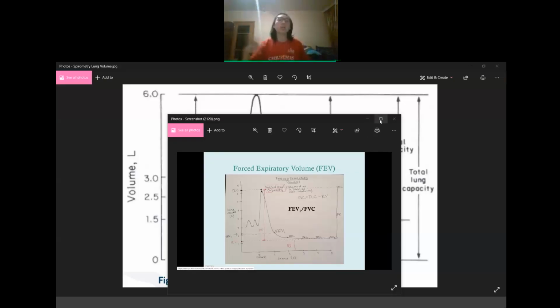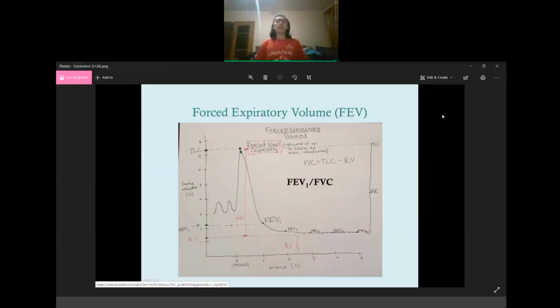When we talk about forced volume, we are referring to the speed of the airflow. So we tell the patient to exhale as fast as he or she can. That is the force part that we are referring to here. We're not referring to the restraint that we demand of the patient to inhale or exhale.